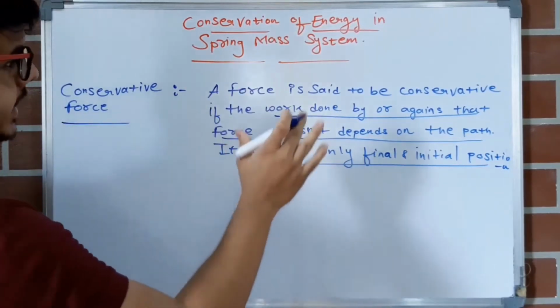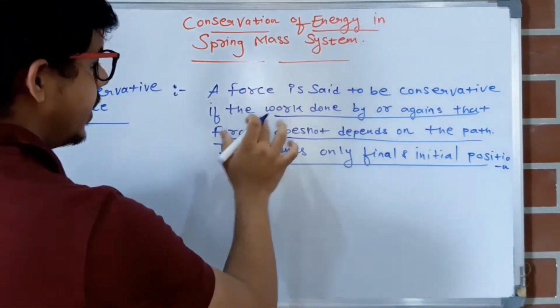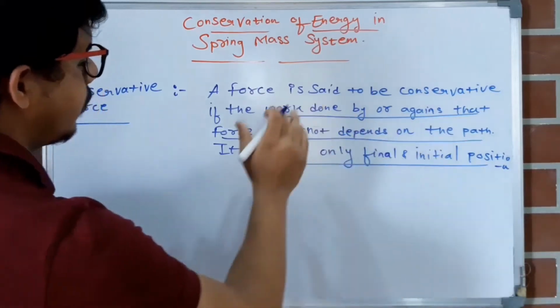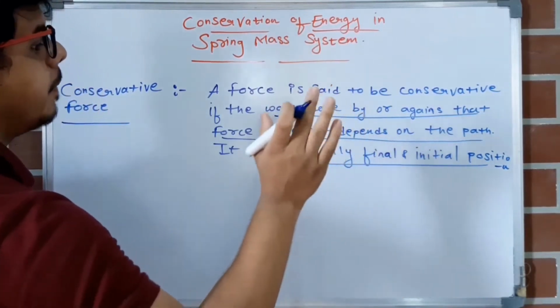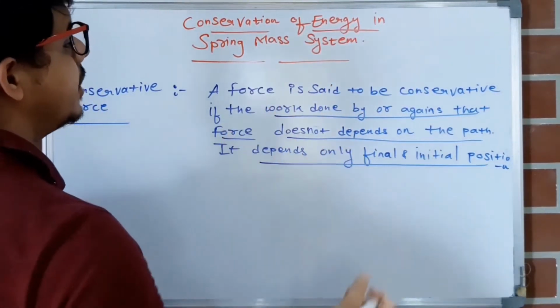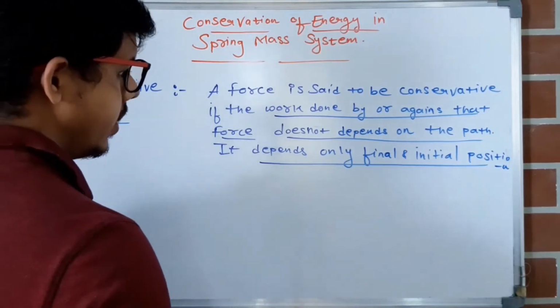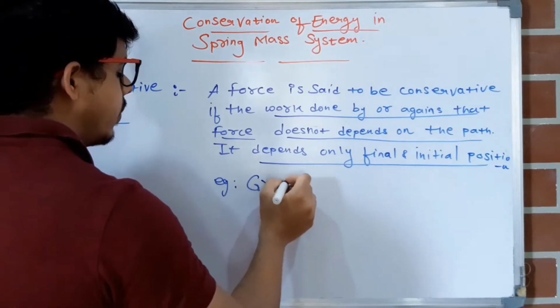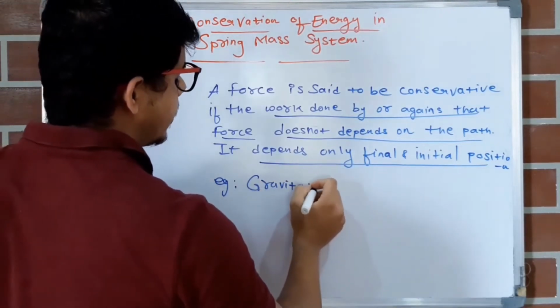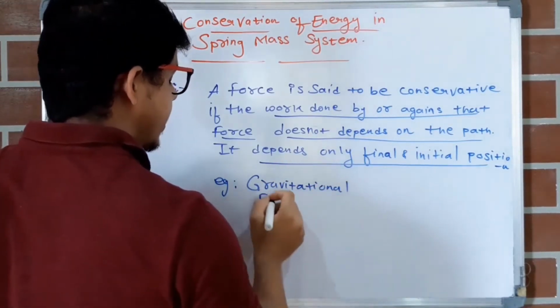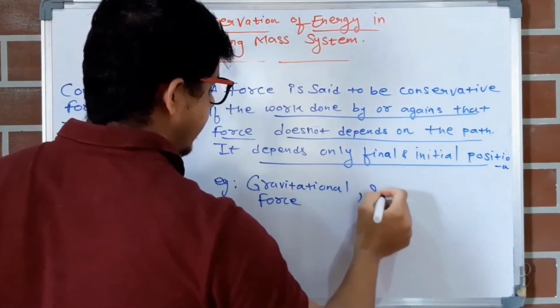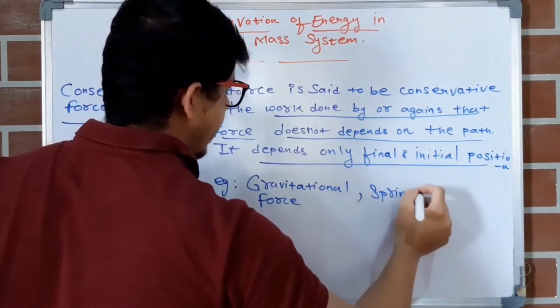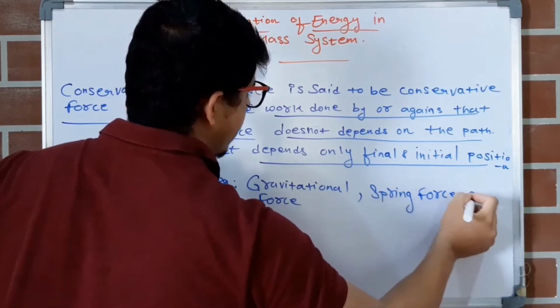A force is said to be conservative if the work done by or against that force does not depend on the path. It depends only on the final and initial positions. For example, our gravitational force is a conservative force, and in our case the spring force is also a conservative force.